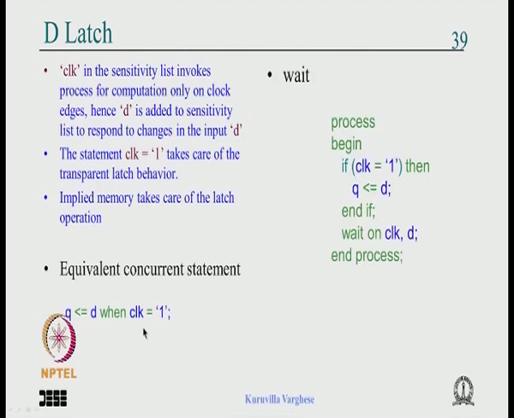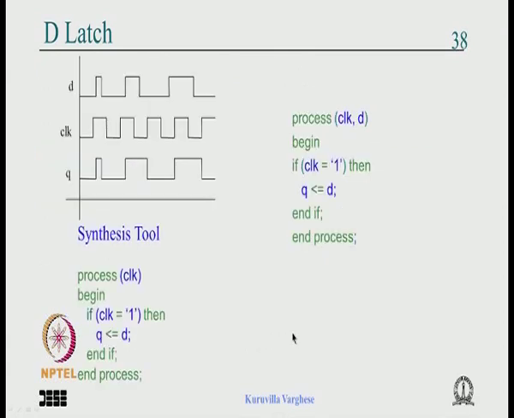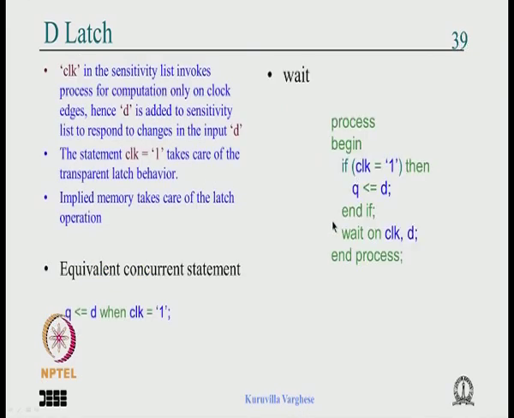We have looked at this particular syntax as far as the latch is concerned, but there is another way of writing it. Instead of writing the signals in the sensitivity list, you could use a wait statement. That is what is shown here.